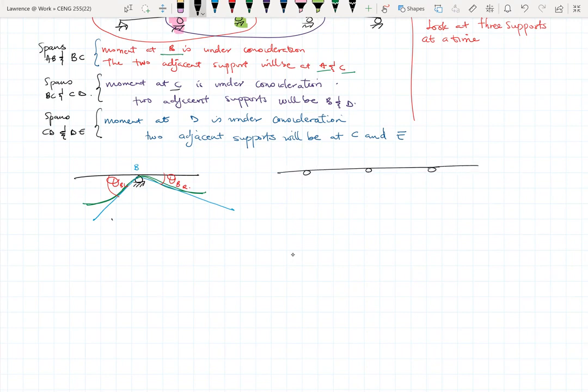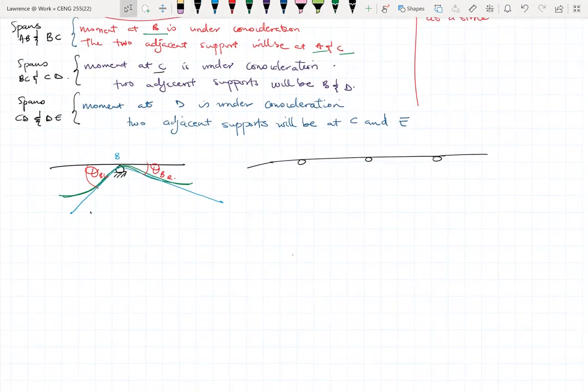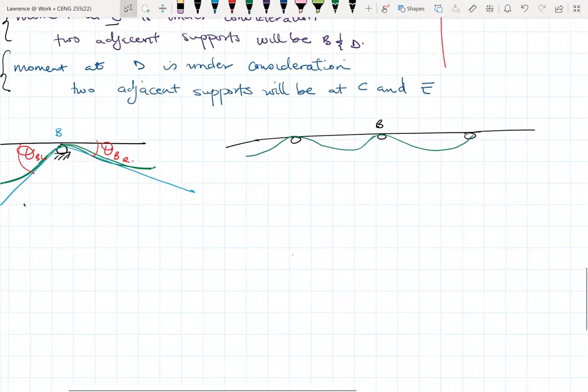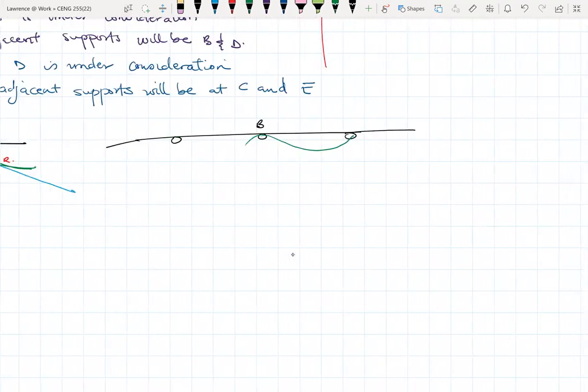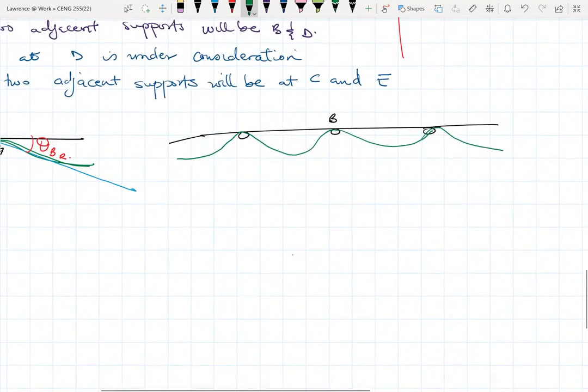I mean, this beam continues all the way, so what I have interest in is B. So it means that this is my elastic curve. It looks a bit funny, but okay, so actually I drew a continuous one, something like this. So our focus is on B.